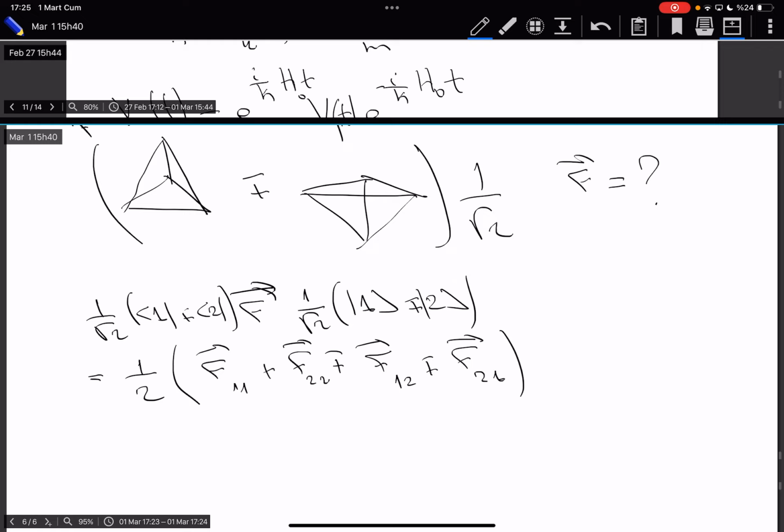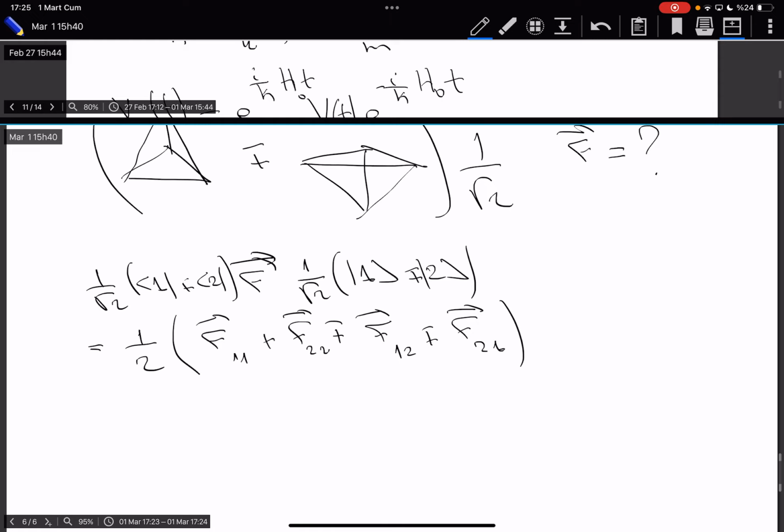In fact, I would expect f12 and f21 to be the same. Sign difference? Or no? Let's see.